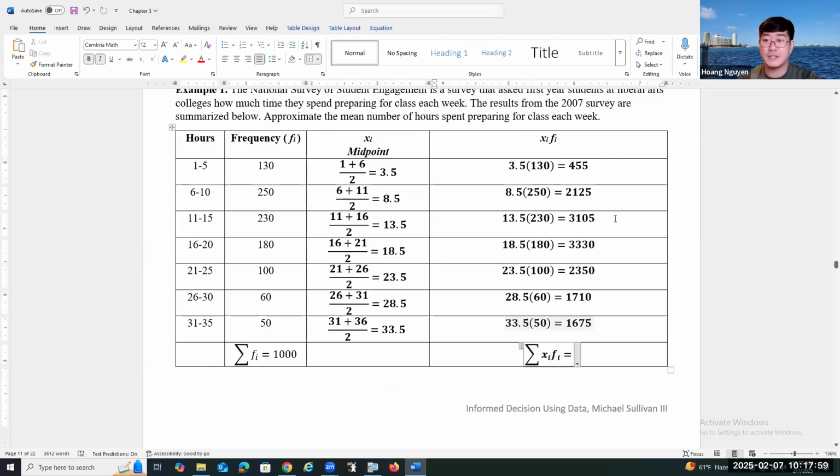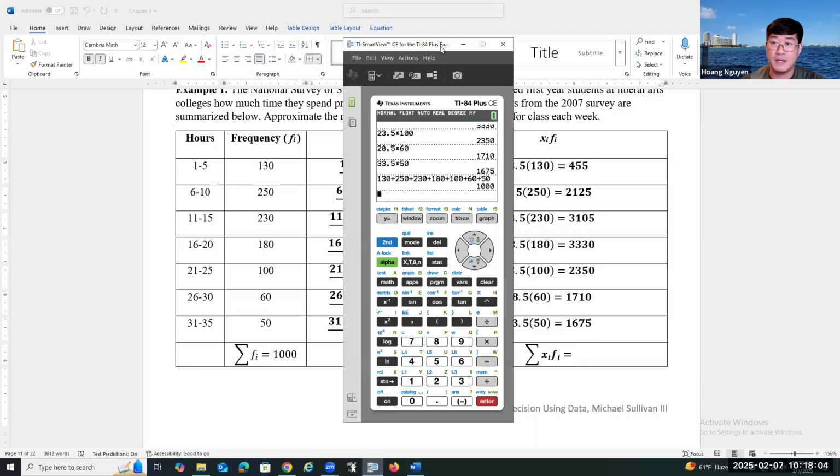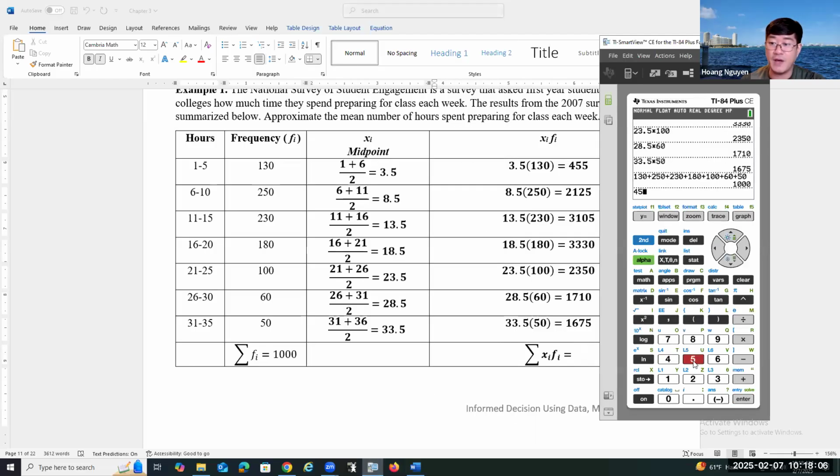Okay, so now we're going to do the summation for the xi times fi, right? So let's use the calculator to get the answer. So 455 plus 2125 plus 3105 plus 3330 plus 2350 plus 1710 and then plus the 1675.